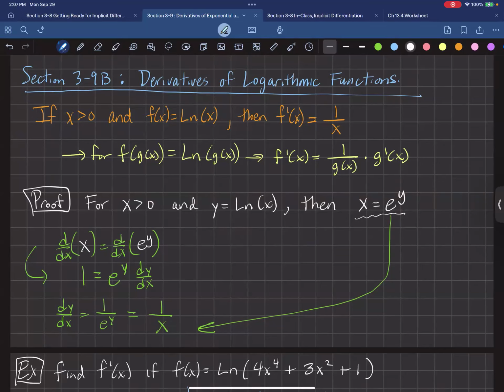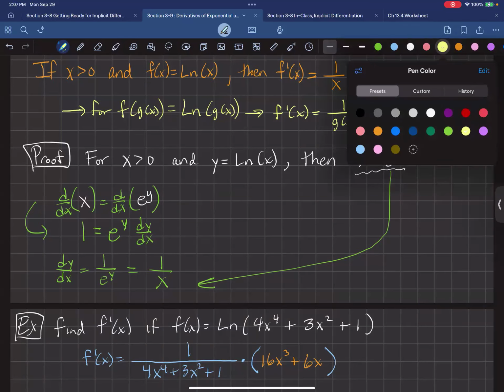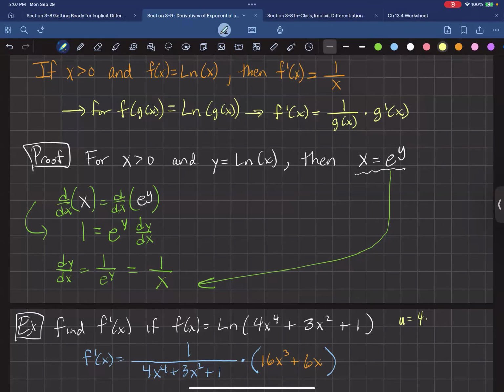Let's take a look at another one. We're going to find f prime of x if f of x equals the natural log of 4x to the 4th plus 3x squared plus 1. If it helps you, say u equals 4x to the 4th plus 3x squared plus 1. So du dx equals 16x cubed plus 6x.